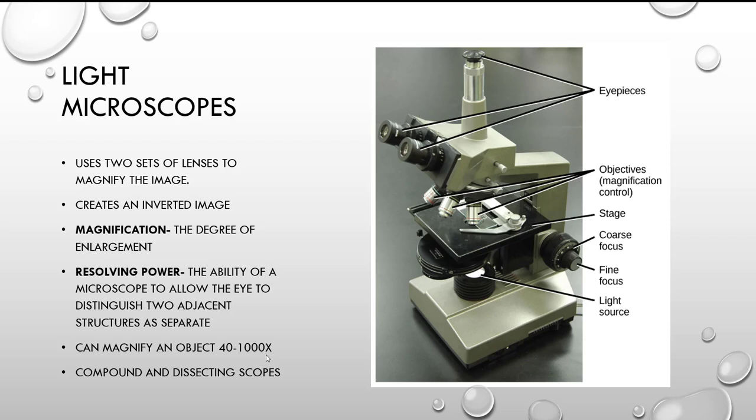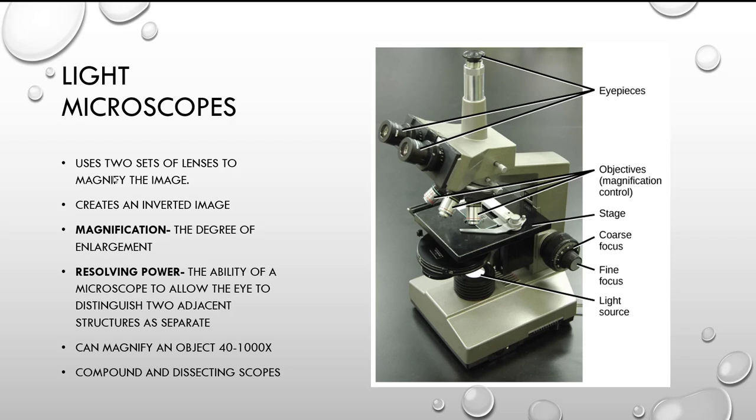Basically it has two sets of lenses that magnify the image. It has a light source, and that light is bounced off of mirrors so that you can actually see the image.